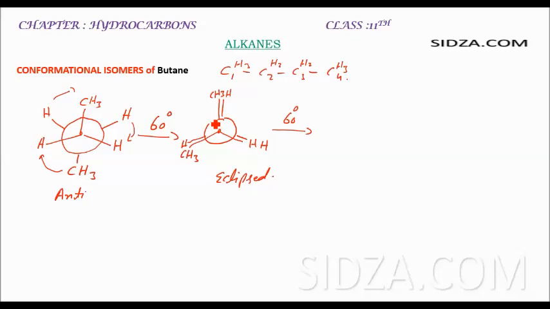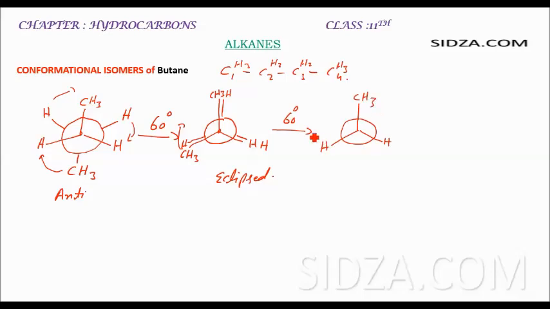Now you rotate it by 60 again, the same methyl group will now shift here, right? We keep the front carbon groups at the same position; we will not change the front carbon.